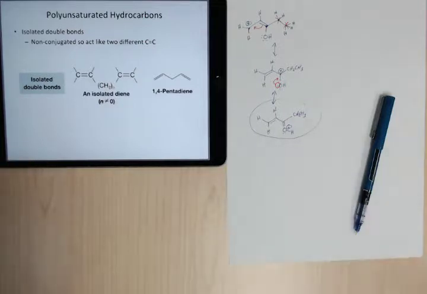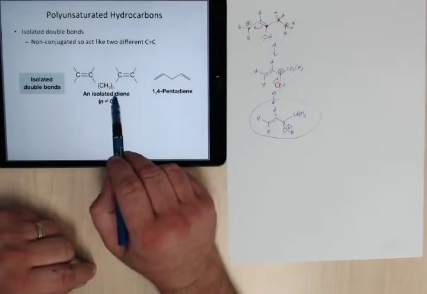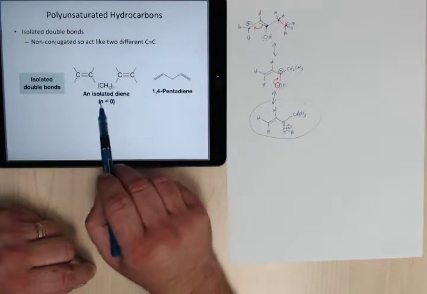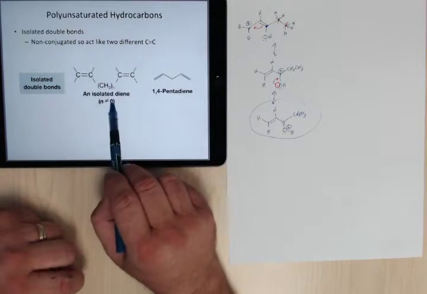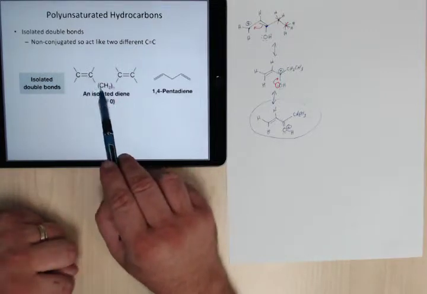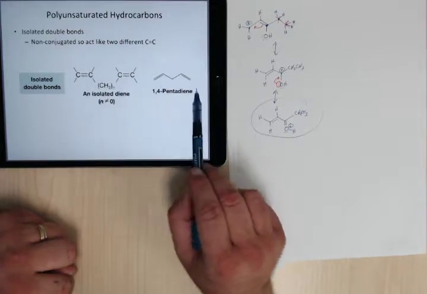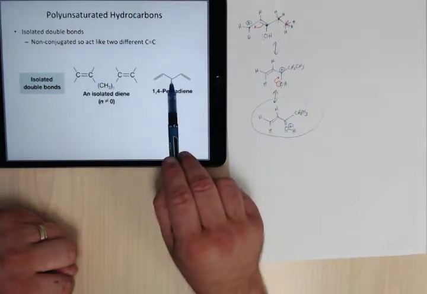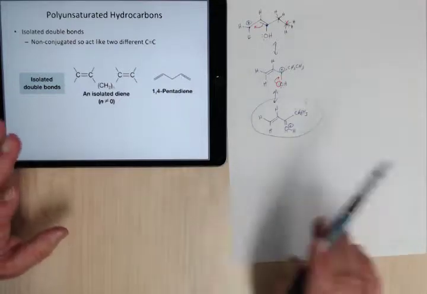Okay, if there's separation, as long as it isn't more than 1, I see what they're doing. So you can have double, single, double, and that's fine. But if you have anything more than that, like double, double, single, single, double, it's not conjugated.